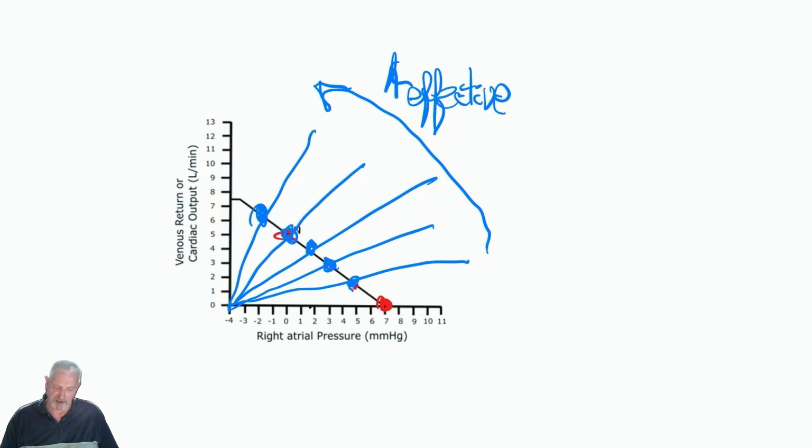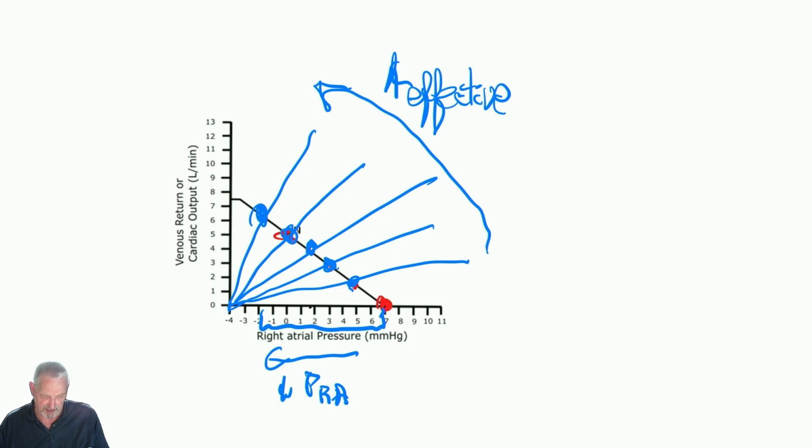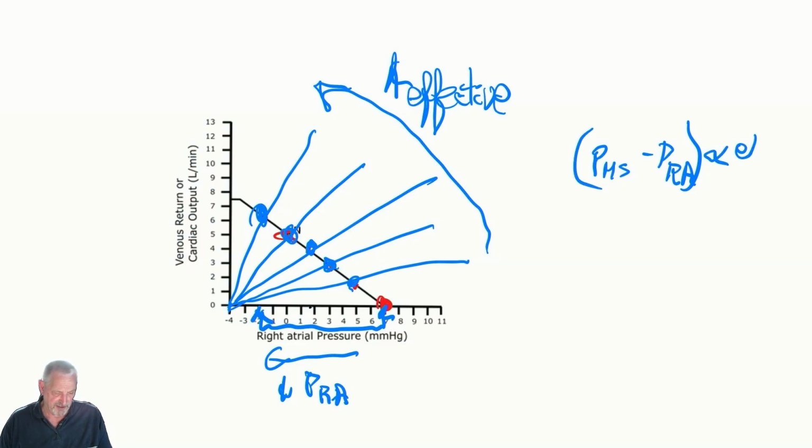the lower the right atrial pressure at which you intersect the venous return curve, and therefore the bigger the difference between mean systemic filling pressure and right atrial pressure. So this gradient, PMS minus PRA, is proportional to the effectiveness of the heart.